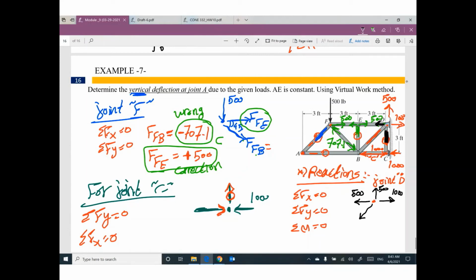I'm going to assume it is tension F DB. This angle is 45 degrees. If you apply summation F of y equals 0 or summation F of x equals 0, you can figure it out. This member will be 707.1 tension.